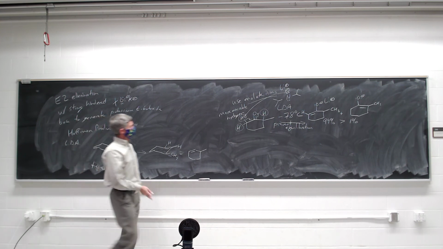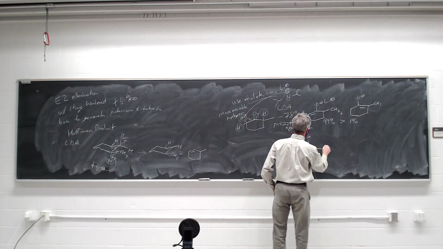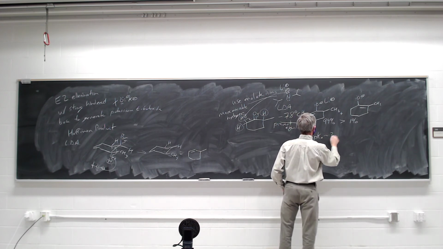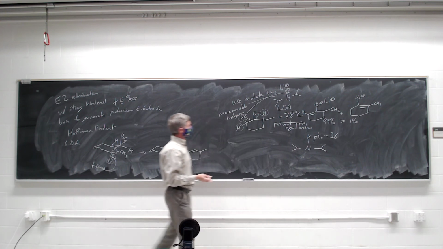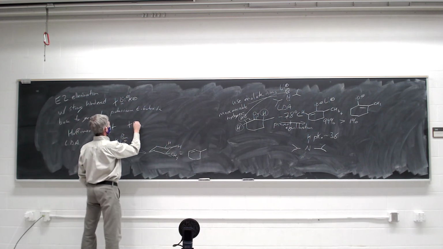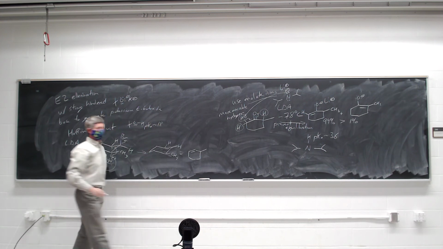And the reason is because the conjugate acid of LDA has a pKa that's about 36, whereas the conjugate acid of potassium tert-butoxide has a pKa that's about 18.